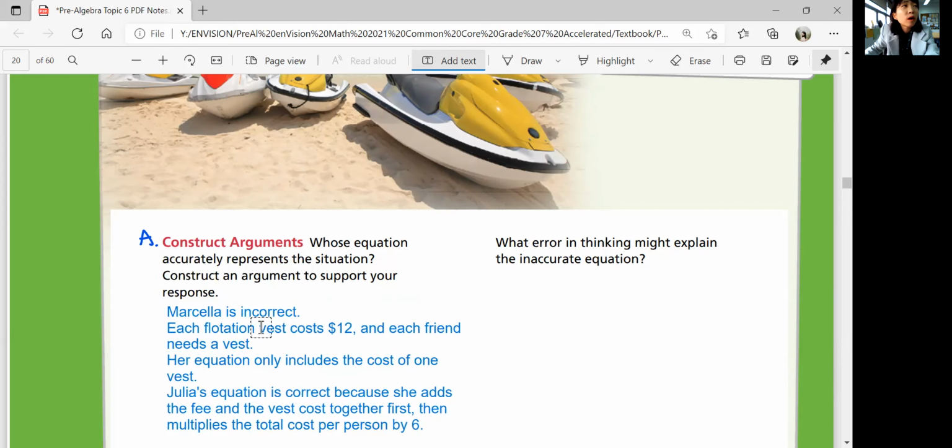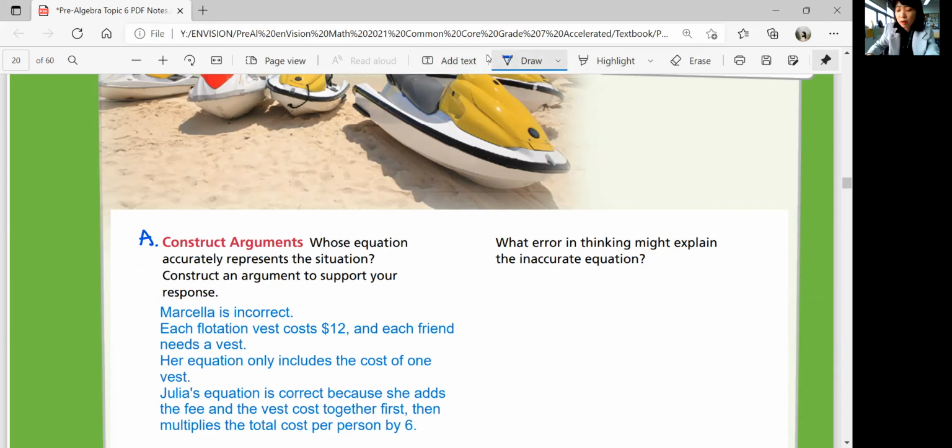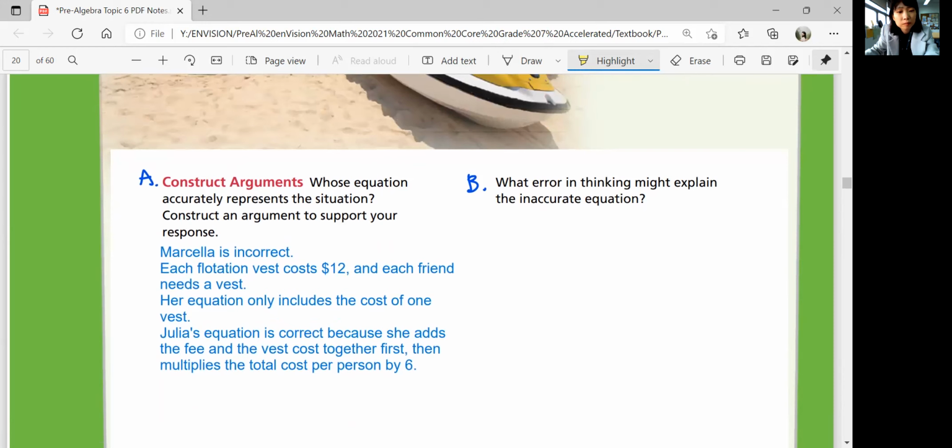Okay, let's look at part B. What error in thinking might explain the inaccurate equation? So why do you think she wrote it like that? Well, there could be multiple answers, but she just forgot to put parentheses, right?